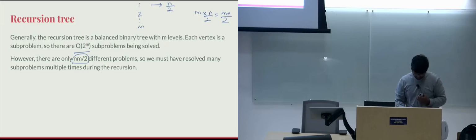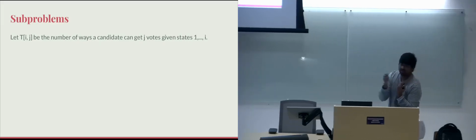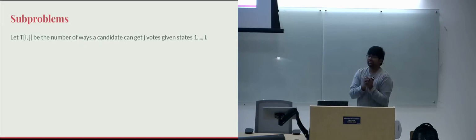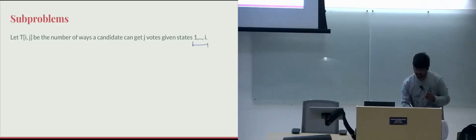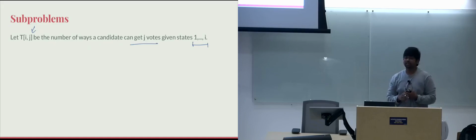Okay. So right now, subproblems can be defined as a 2D array, which is basically T of ij. So i is telling you the states that you can choose from. If it is i, the states that you can choose are 1 to i, and j is the number of votes that is still pending to get n by 2. So this is the subproblem that we're defining. In your case, it will be a bit different, right?